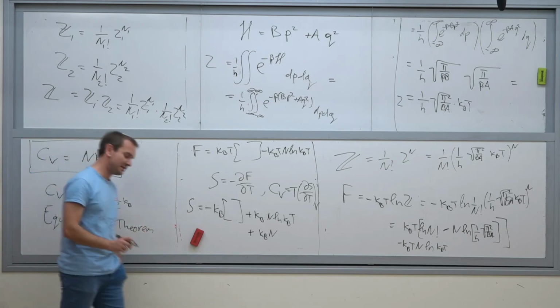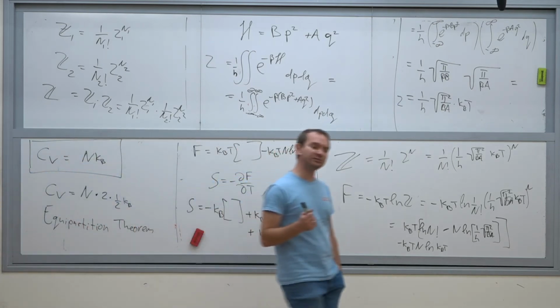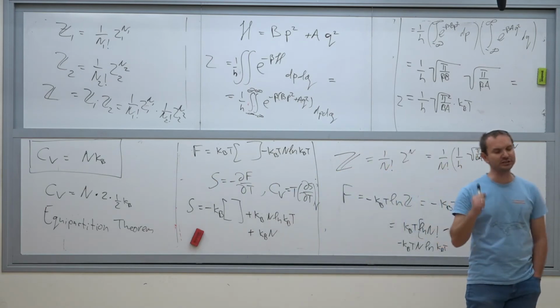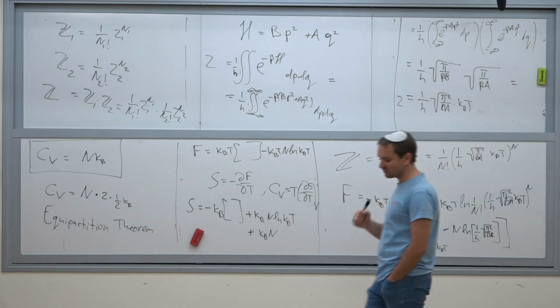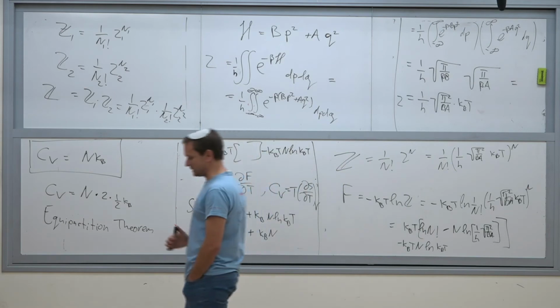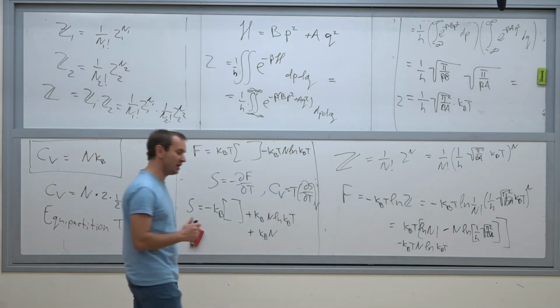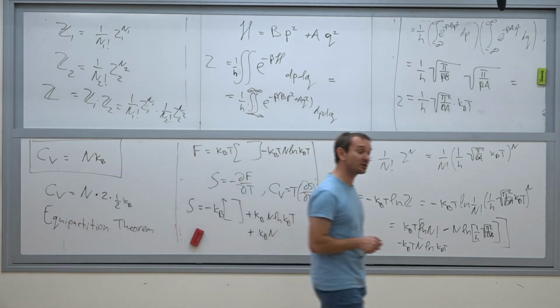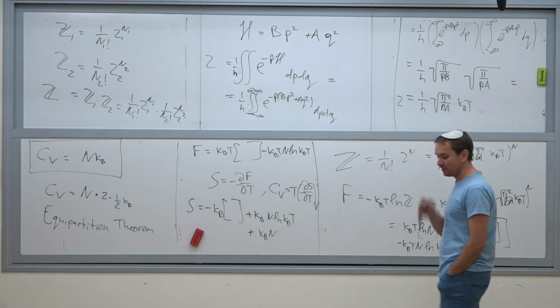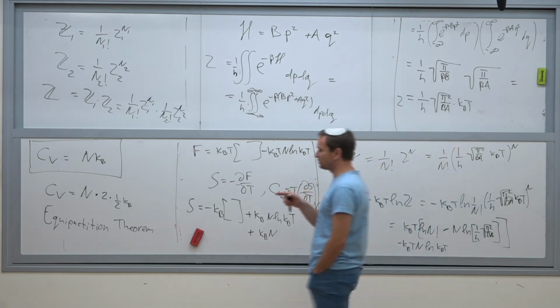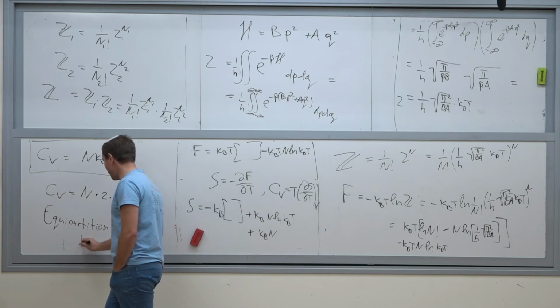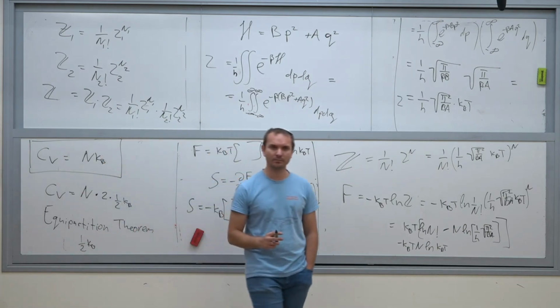What it means? It means that if you have a degree of freedom, and this degree of freedom is described on the energy level by a quadratic behavior of the energy, this degree of freedom is going to contribute exactly 1/2 k Boltzmann to the heat capacity.